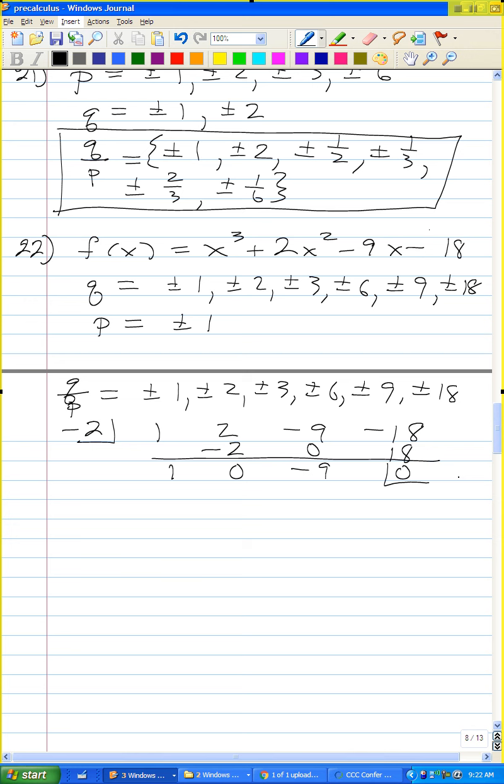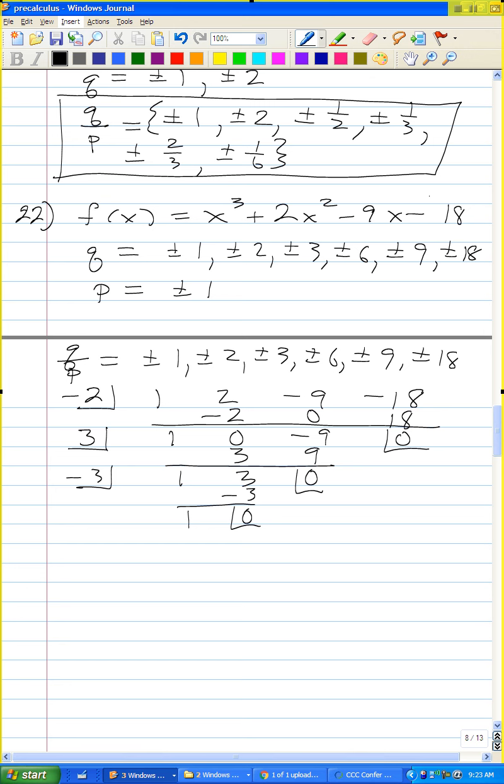Good. So that factors. Next, let's try 3. Drop down the 1, times 3 is 3, plus 0 is 3, times 3 is 9, minus 9 is 0. And lastly, try -3. So you get 1 times -3 is -3, plus 0, plus 3 is 0.